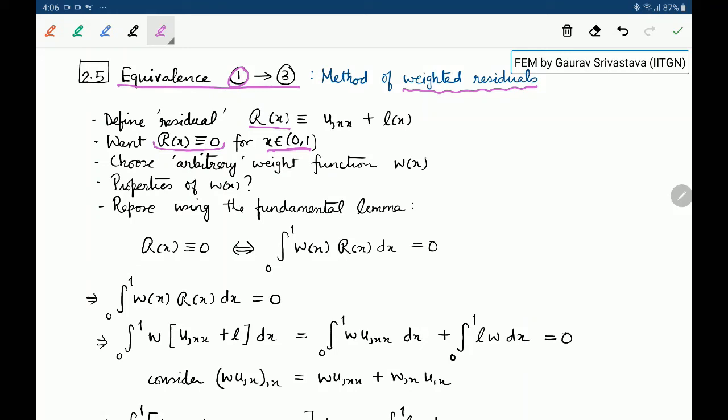Now we choose an arbitrary weight function w of x, and you may think about what its properties should be, and you will realize that it will have similar properties as v of x. And if we repose this problem using the fundamental lemma, what we want is r of x identically equal to 0, which would imply that integral 0 to 1 of w of x, the arbitrary weight function, times r of x dx equal to 0.